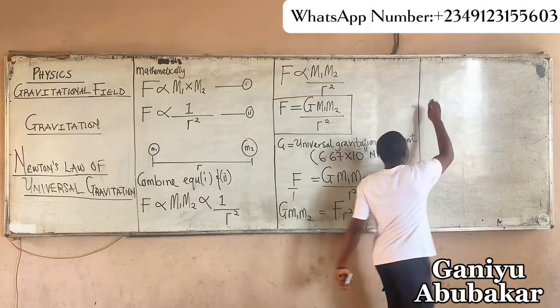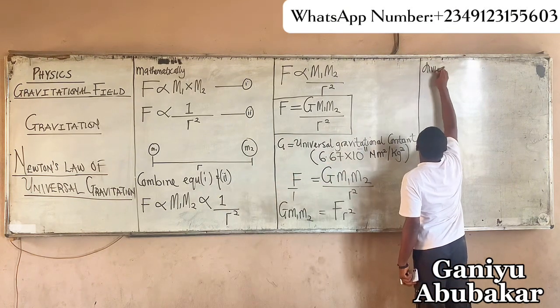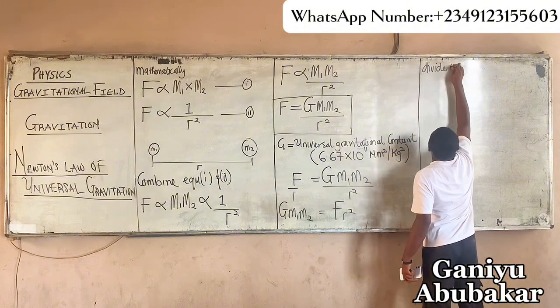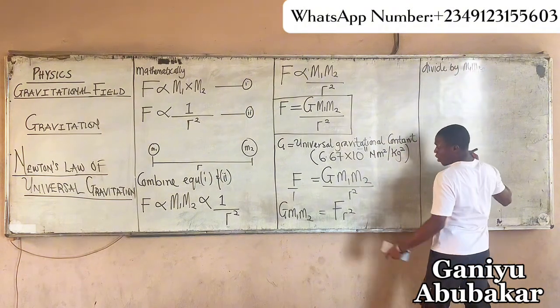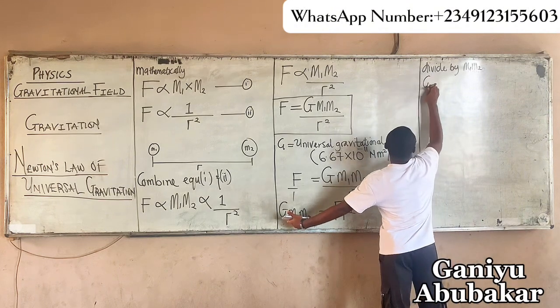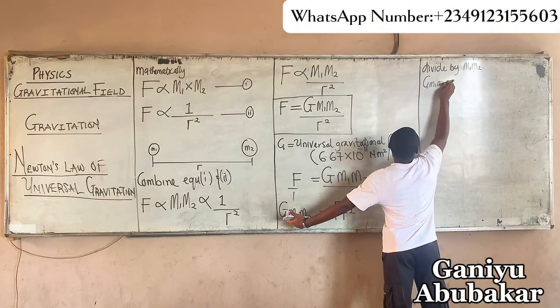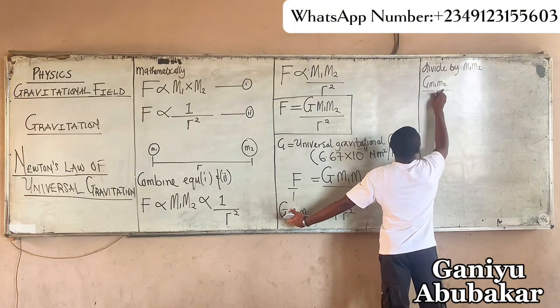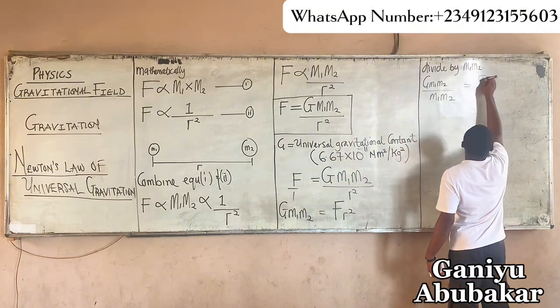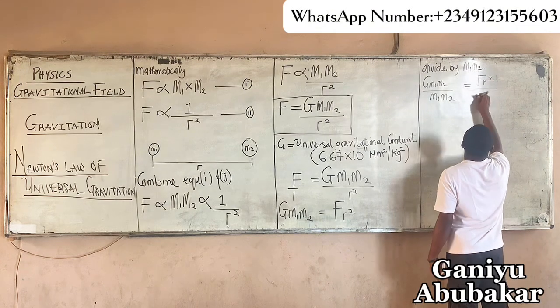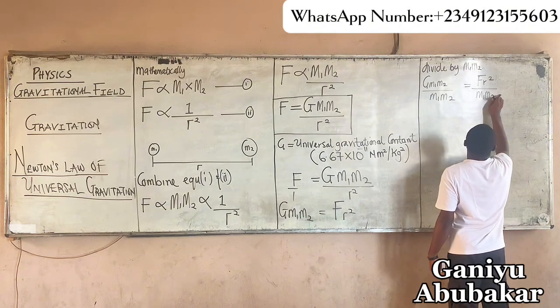So we have G M1 M2 over M1 M2 being equal to F R squared over M1 M2.